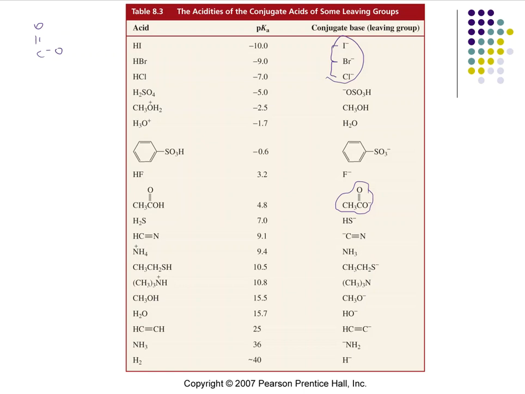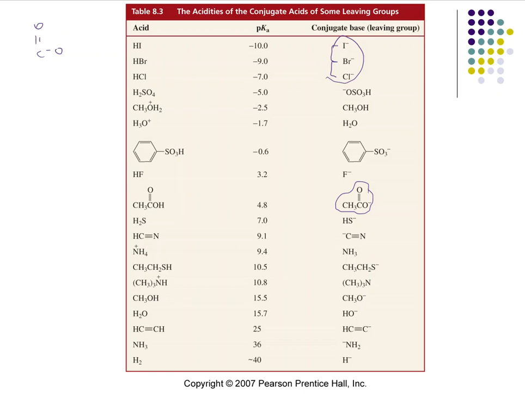They can still be kicked to the curb, but they're not as ugly as the halogens. So basically what that means is that esters are not as reactive as the acyl halides are. That group is a little bit prettier. Now, these other groups down below will beat it out. These are prettier than that ester group.